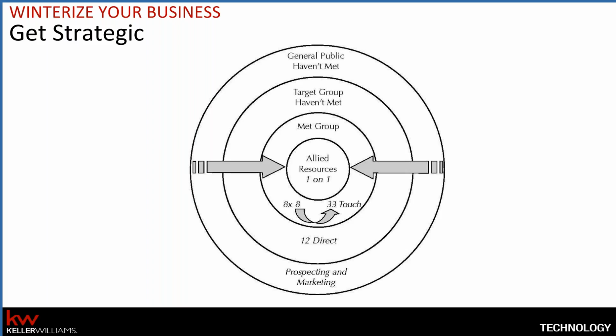You want to bring everybody from the general public, target group, haven't met, into the center as closely as you can. The allied resources in the very middle are people in the business. Those are people who know you, trust you, and they are most likely going to bring you business.